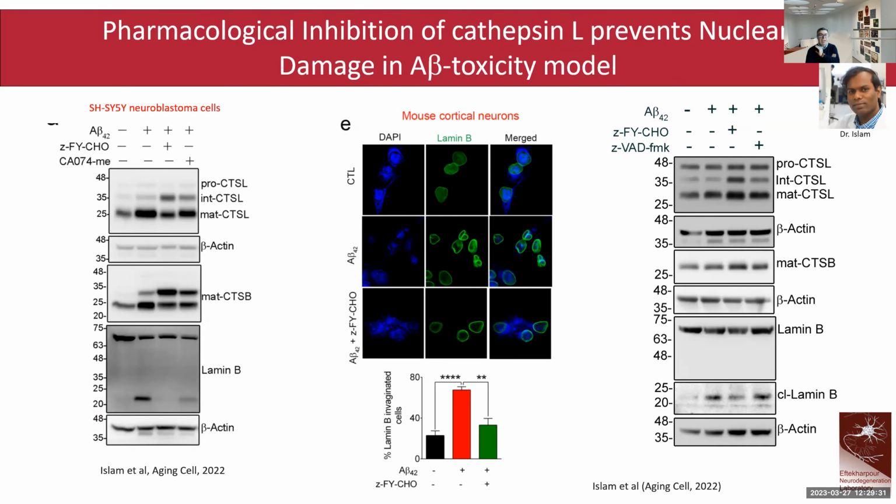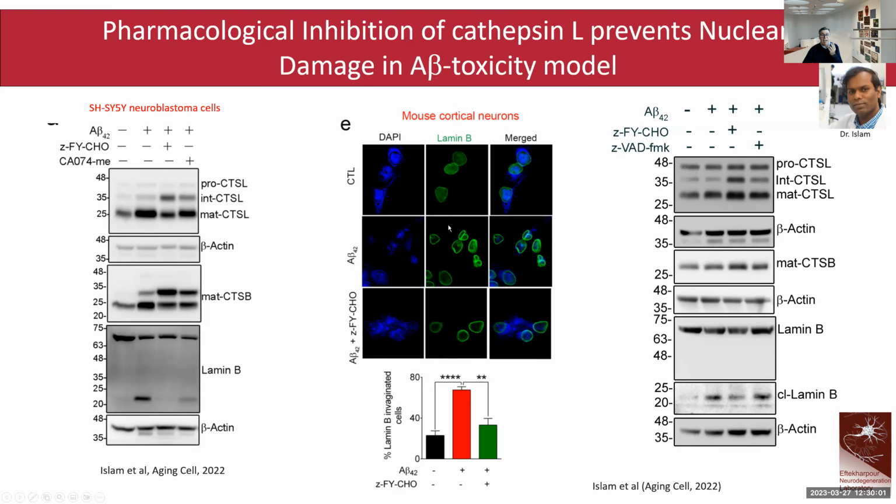So we can see caspase activation, cathepsin activation, nuclear lamina damage. Here we are also showing some primary cultures of cortical neurons. We are using amyloid beta toxicity to show whether nuclear lamina damage is also present in amyloid beta toxicity.